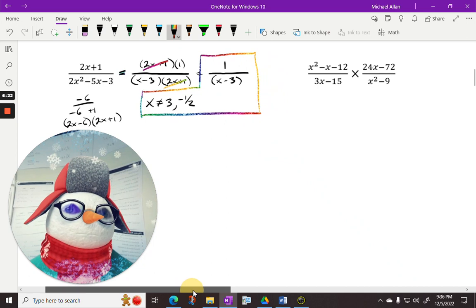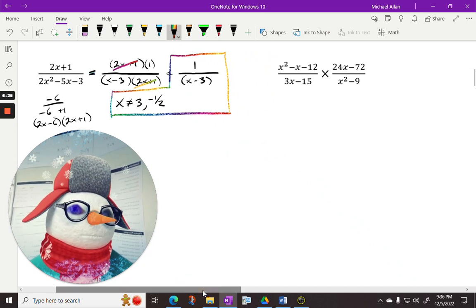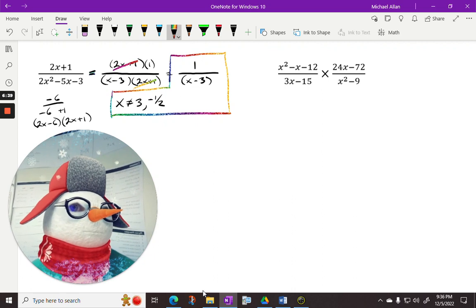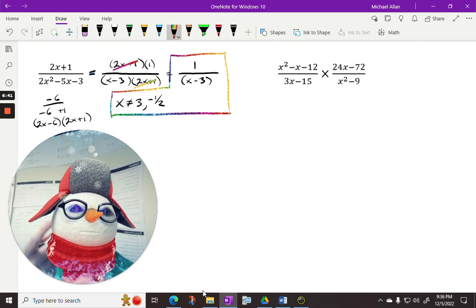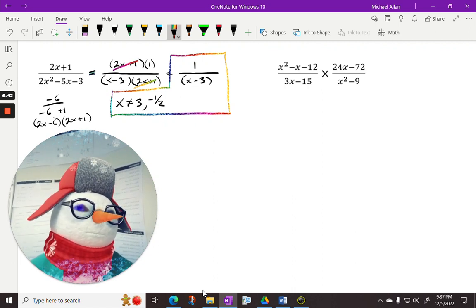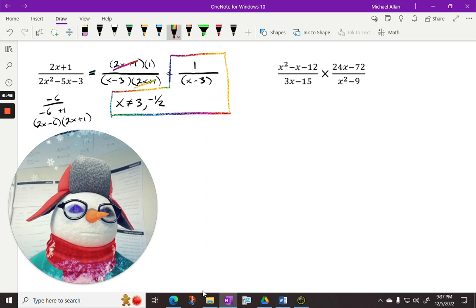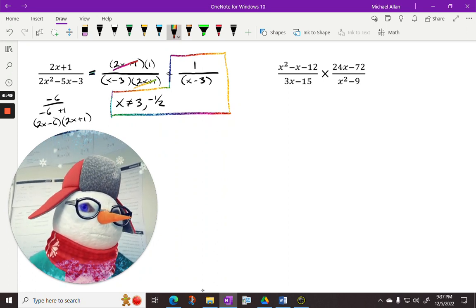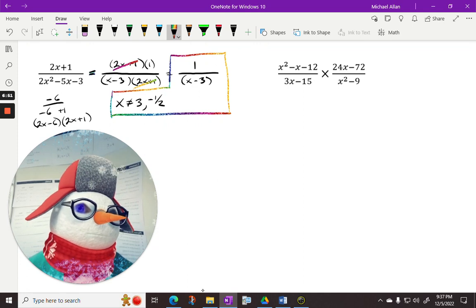All right, so the next one, we're going to multiply these. Now, multiplying is pretty much the same as simplifying these ones over here. You just factor the tops, you factor the bottoms, and you can cross off anything that's on the top with anything on the bottom. It doesn't matter if it's on either side of this times sign here.